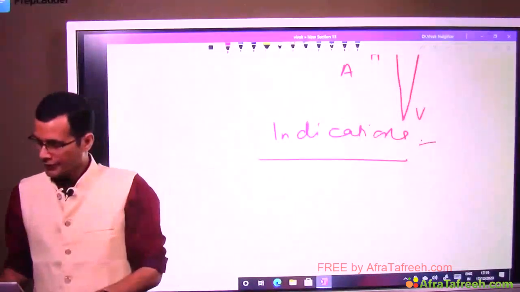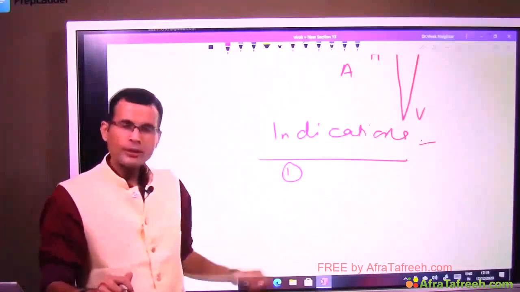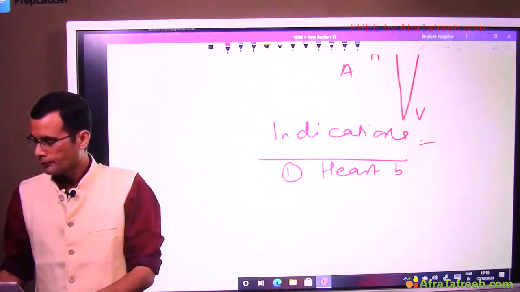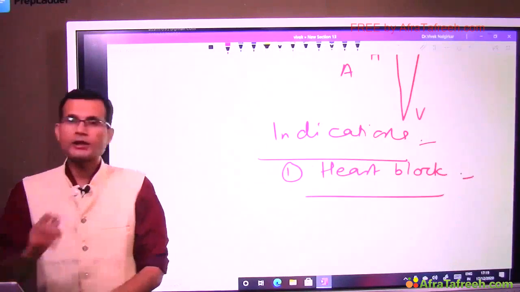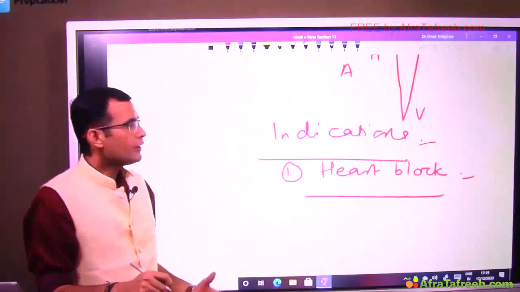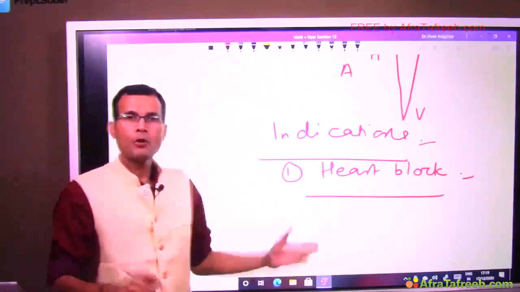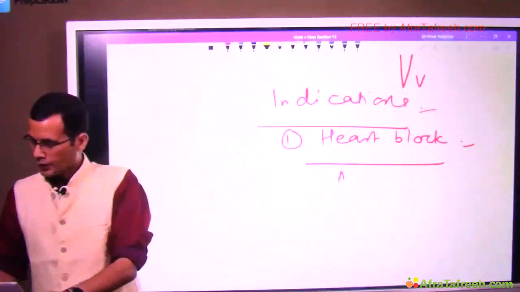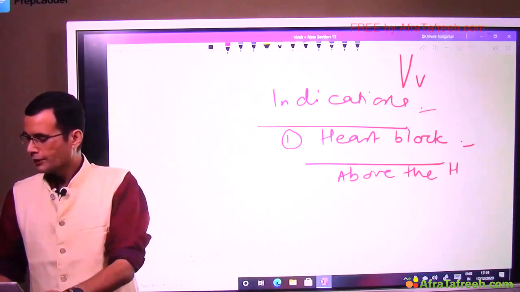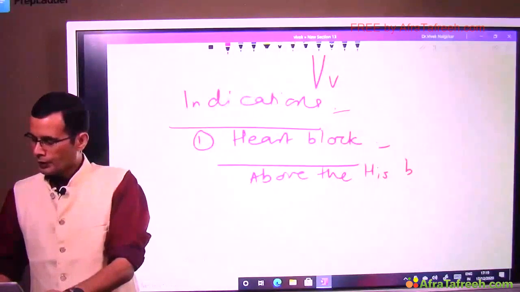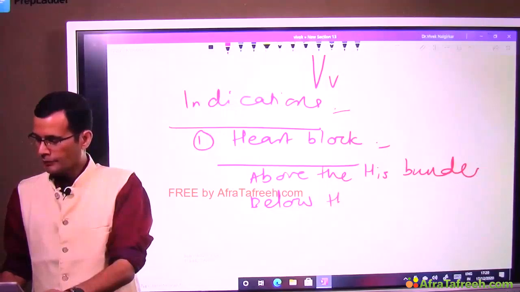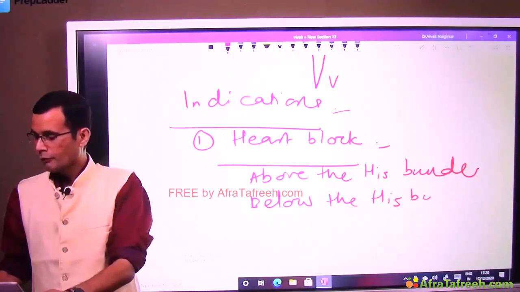So, the first indication is that in the conditions of heart block, we would like to see where exactly the heart block is located. Above the His bundle or below the His bundle. Above the His bundle means where?